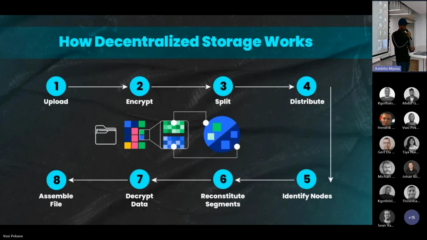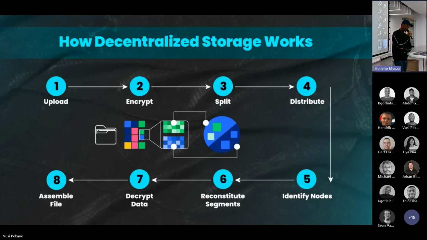And then when you upload a file to that network, a process called file hashing occurs, where the system generates a cryptographic hash of the file's contents. This hash acts as a unique identifier for the file. File hashing is an important step for content addressing in a decentralized system because you will use this hash later to refer to the file.